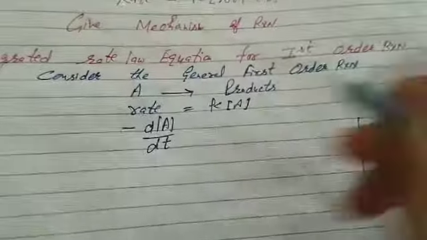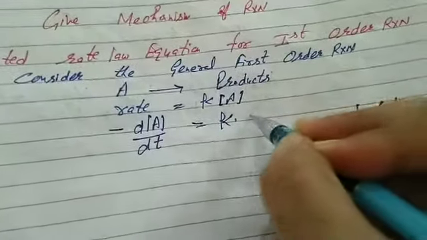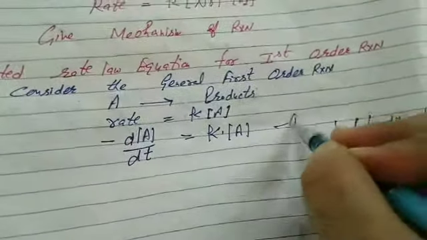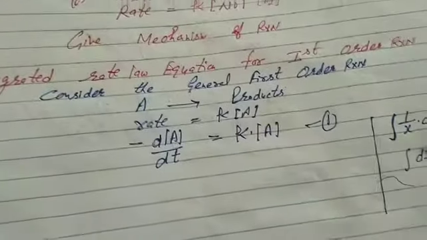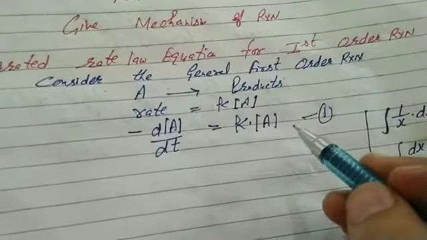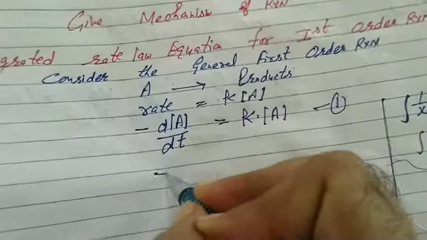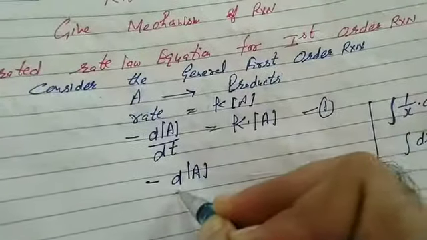It's equal to K into A. Now students, rearranging equation 1. When we rearrange equation 1, that is, we put concentration terms on the left side, equation 1 becomes minus dA upon A.